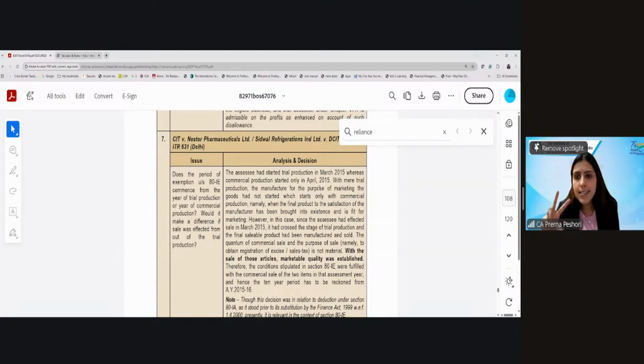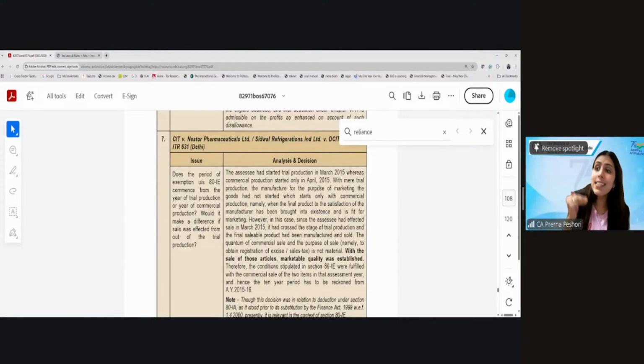Even if the assessee makes some sale to test the quality of the product from the trial production, in that case when will the deduction start? If he has made the sale from the trial production, that means it was fit for consumption. If there is no sale made from the trial production, then the deduction will start from the actual production.